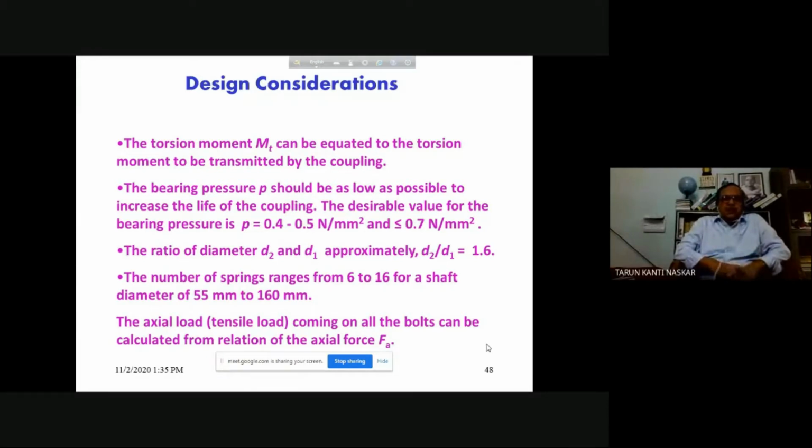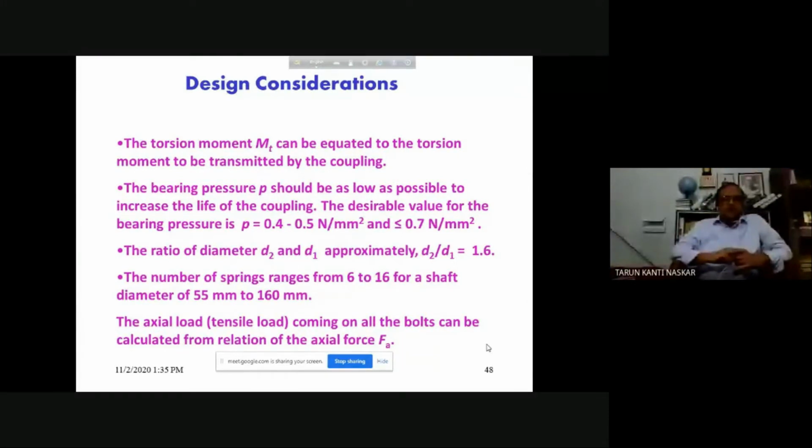These are the empirical relations. The ratio of diameters D2 to D1 is equal to 1.6. The number of springs, that means there will be some number of bolts, and the number of springs is equal to the number of bolts. That means the spring is being compressed by the tightening force of the bolt.